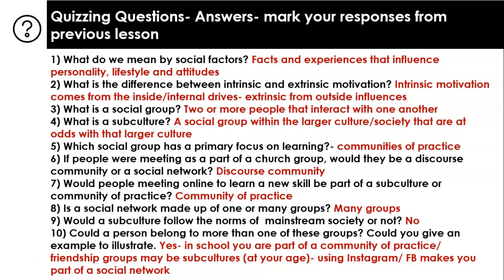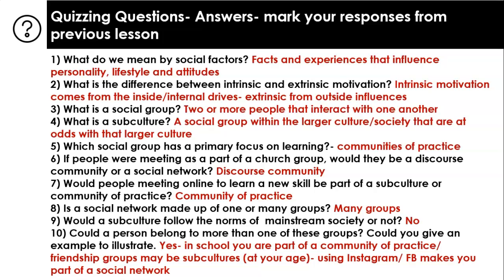In itself it is a big concept, but social factors are fundamentally the facts and experiences that influence personality. Number 2: what is the difference between intrinsic and extrinsic motivation? Intrinsic motivation comes from the inside, it's the internal drive. Extrinsic motivation comes from outside influences. So the big difference is inside, outside, internal, external motivation.